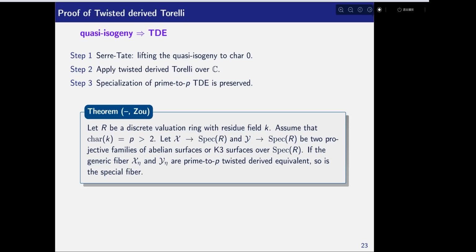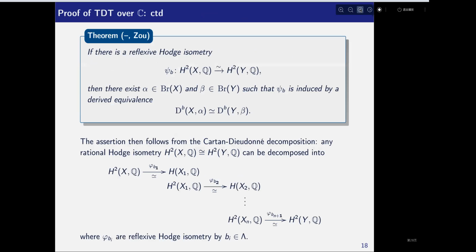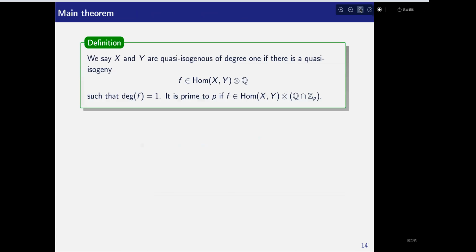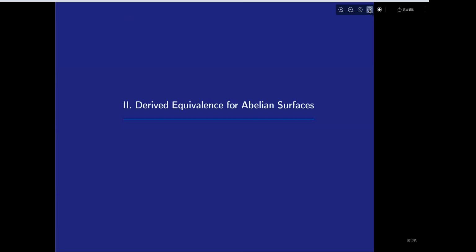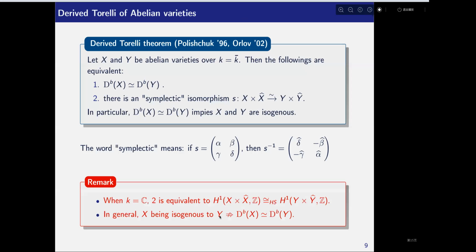I think for this remark, at the very beginning, here, even if you replace DbX and DbY by twisted derived equivalence, this is still not true. Even in high dimensions, there are still counterexamples.